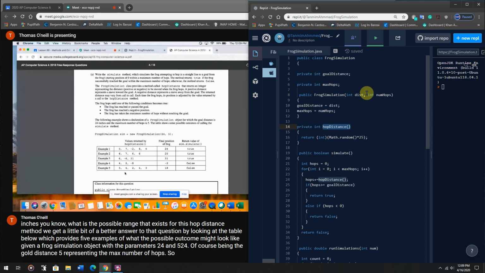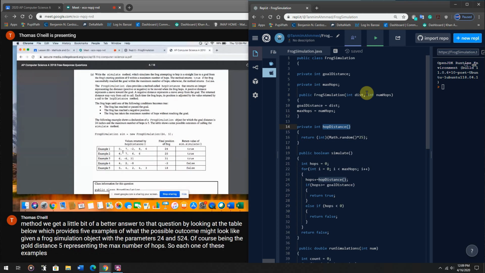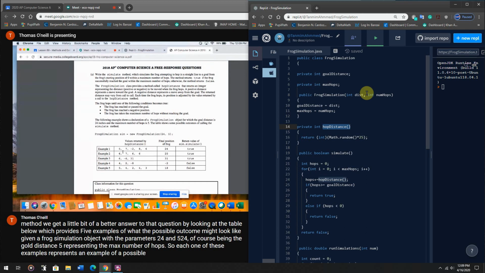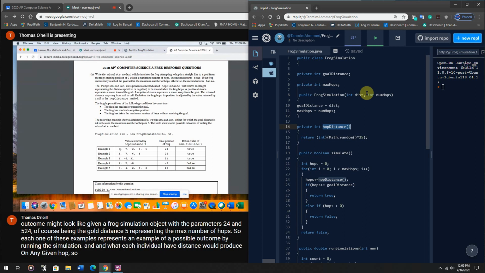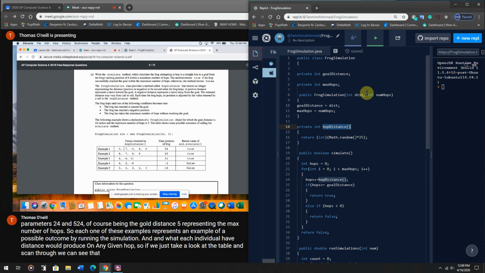So each one of these examples represents a possible outcome of running the simulation and what each individual hop distance would produce on any given hop. If we just take a look at the table and scan through, we can see that in the first example, we have integers in the single digits, so 5, 7, -2, 8, and 6.